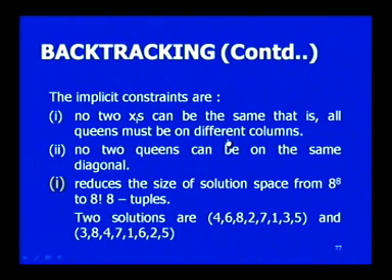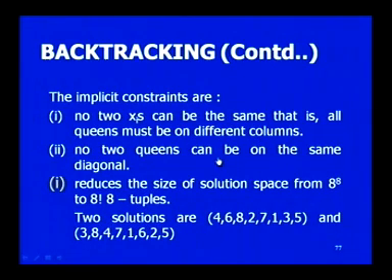So, that means, since we are going to place our queens in the column, we can assume that no two xi can be the same. For example, I can't have a tuple like 1 comma 2 comma 2, because the 2 and 2 are the same.